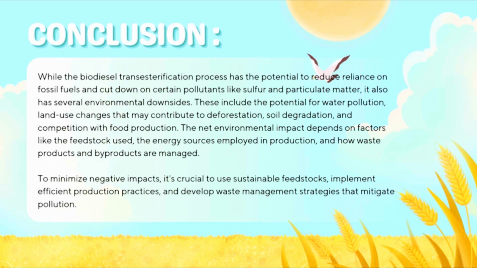The net environmental impact depends on factors like the feedstock used, the energy sources employed in production, and how waste products and byproducts are managed. To minimize negative impacts, it's crucial to use sustainable feedstocks, implement efficient production practices, and develop waste management strategies that mitigate pollution.